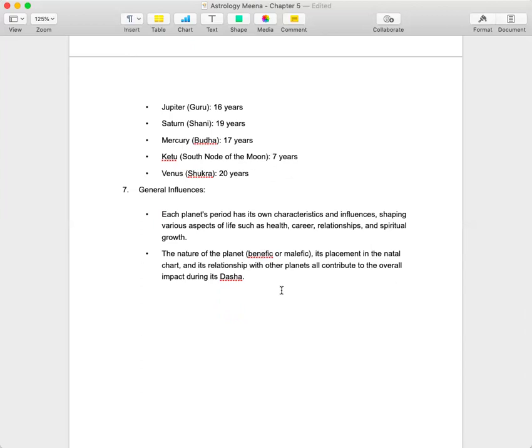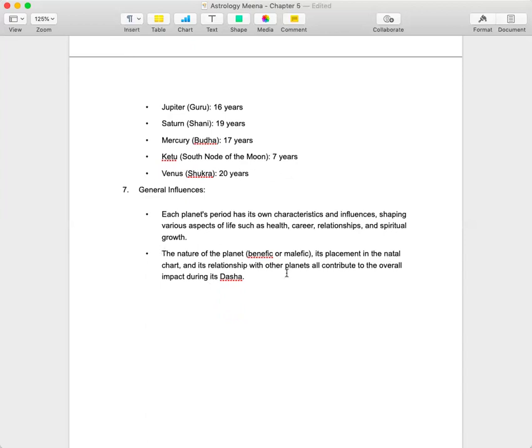Like, I think Saturn and the Sun do not get along well together. If they are facing each other or in the same house, it's going to be a nightmare for the person, because they'll always keep on fighting. So relationships with other planets all contribute to the overall impact during the dasha.